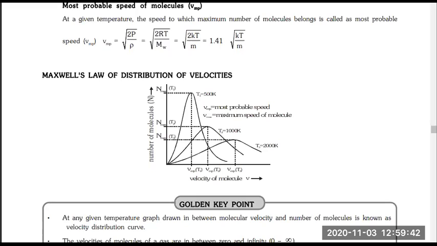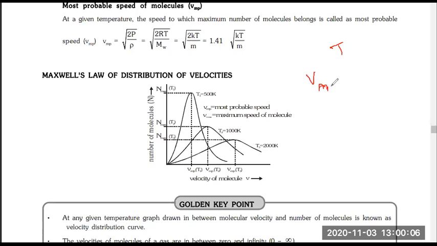Now, what do you think? If we increase the temperature, what will happen? Don't you think the overall speed will increase? The overall speed will increase.